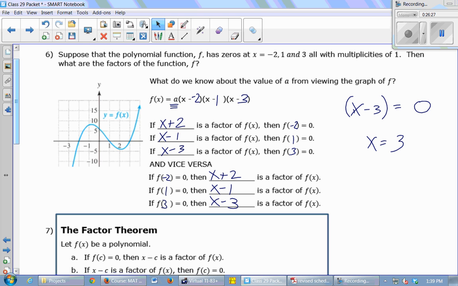End behavior, right? I know a has to be positive. A is positive because I have right arm up, left arm down. So it's a cubic, odd degree, and right arm up, left arm down means A has to be positive. Good.